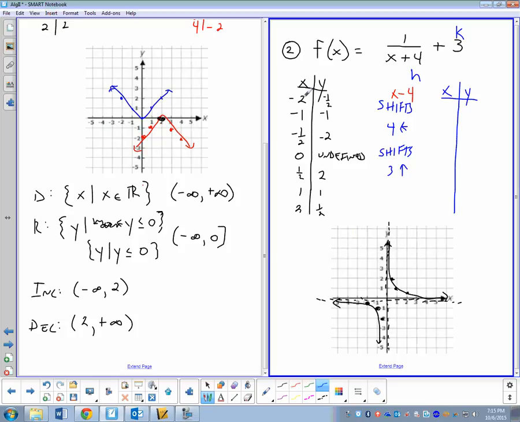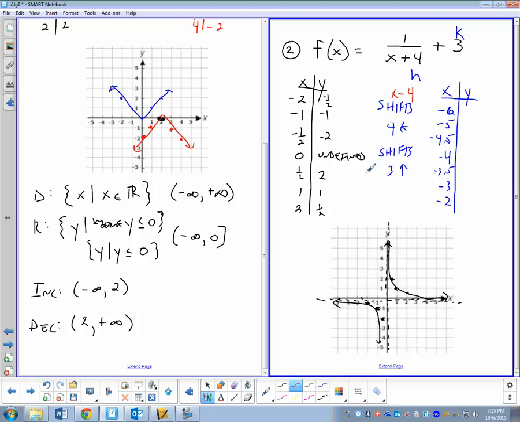Negative 2 minus 4 is negative 6. Negative 1 minus 4 is negative 5. Negative 1/2 minus 4 is negative 4.5. 0 minus 4 is negative 4. 1/2 minus 4 is negative 3.5. 1 minus 4 is negative 3. And 2 minus 4 is negative 2.